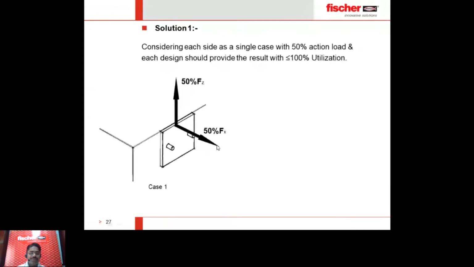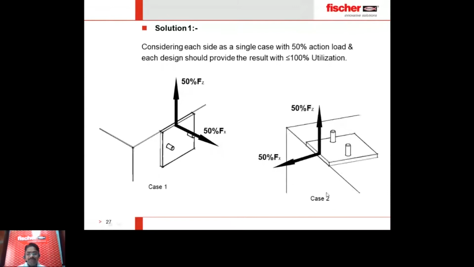At the same time, in case 2, you have to check that the top plate will have 50% of the shear and 50% of the vertical upward tension load. Based on that, your utilization has to be less than 100%, and then you might find a solution. But this method is not really conservative.